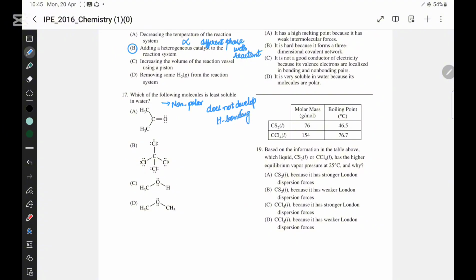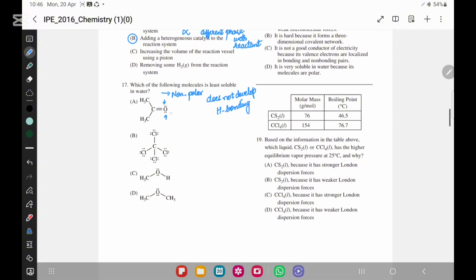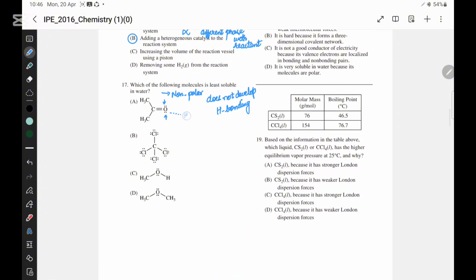There are two conditions. So guys, if you see the first option, that can develop hydrogen bonding. Why? Because there is a lone pair on oxygen, you can see. So it can develop hydrogen bonds with water there. This is partial negative, partial positive, partial positive. So it can develop with it.